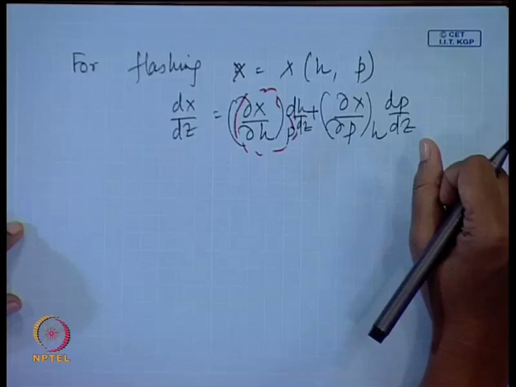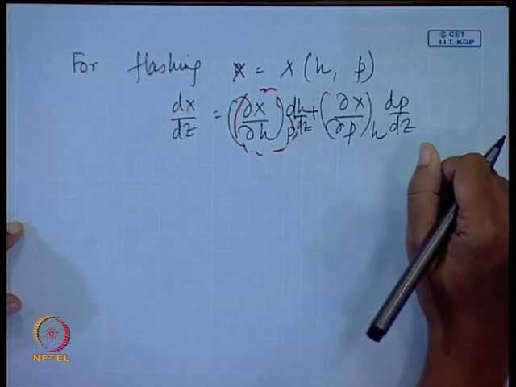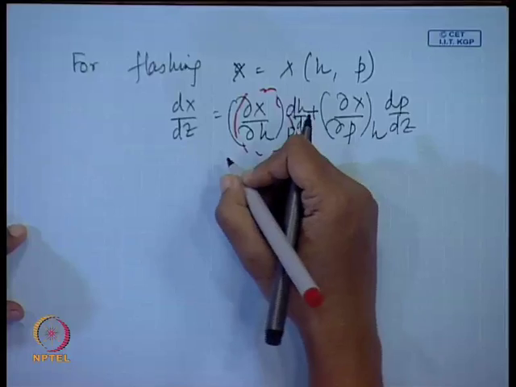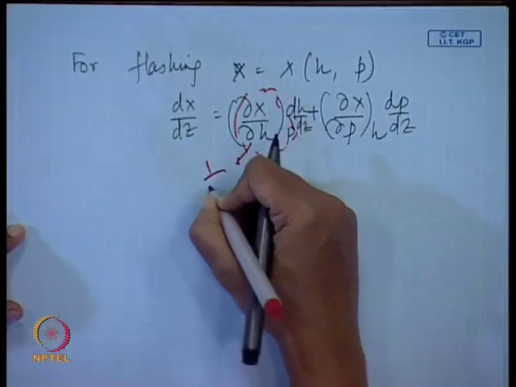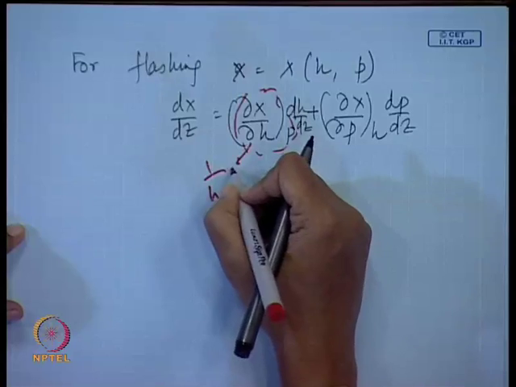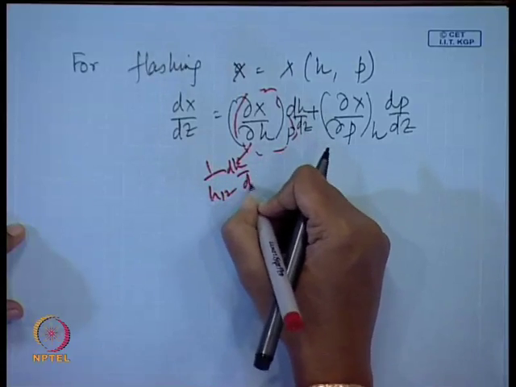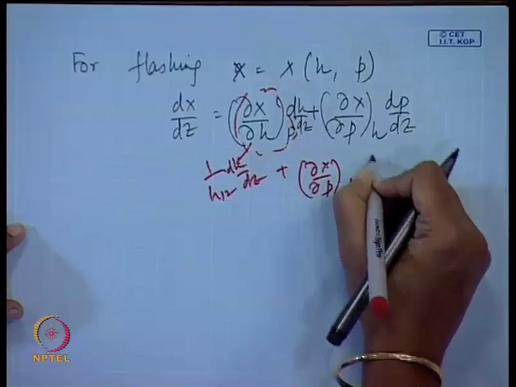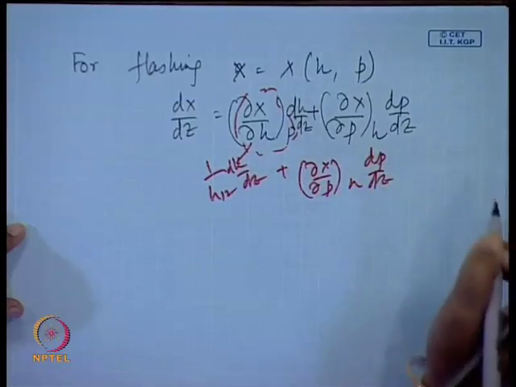This is equal to 1 by lambda, 1 by h12 we call it, very correct. Okay, so therefore, this reduces to 1 by h12 dh dz plus del x del p at constant h dp dz. Agreed?